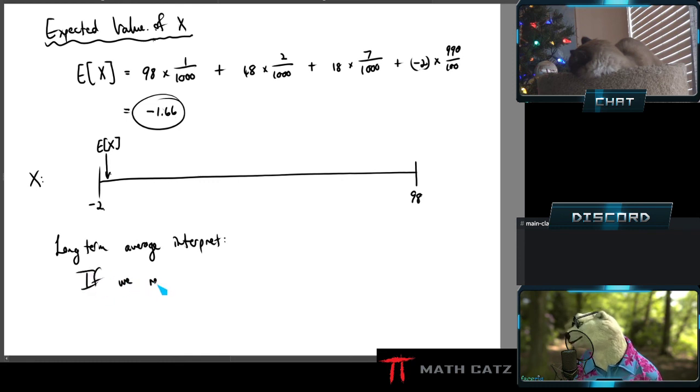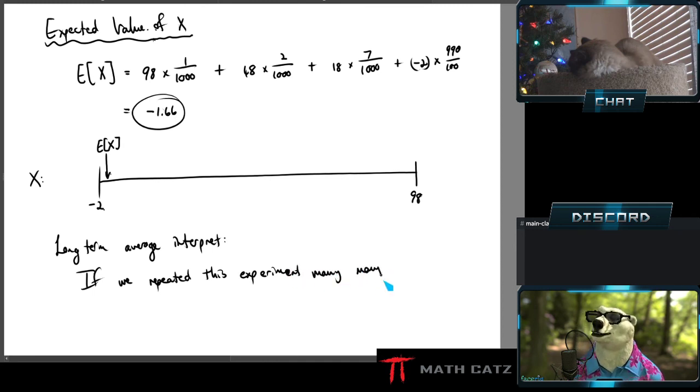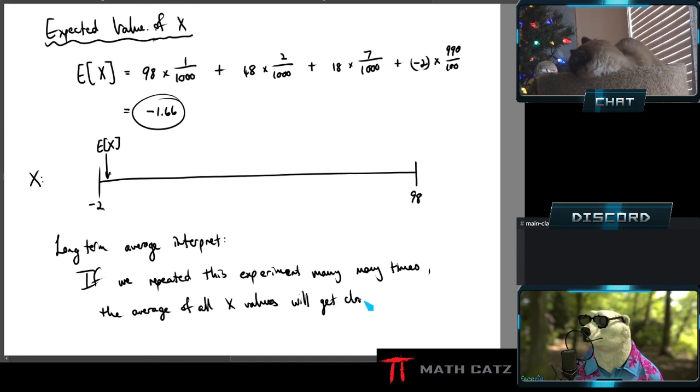If we repeated this experiment, in this case the raffle game, many, many times, I'm going to do it in general, the average of all x values, remember that's the outcomes, will get closer to this expected value. This is now in general.